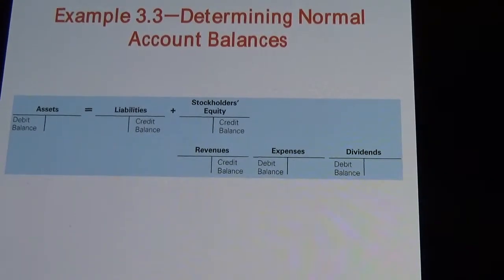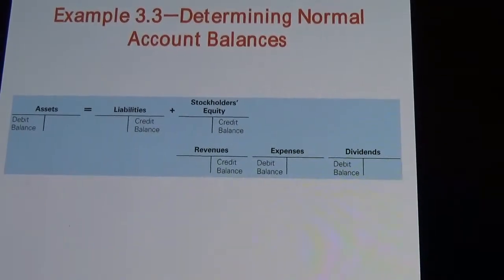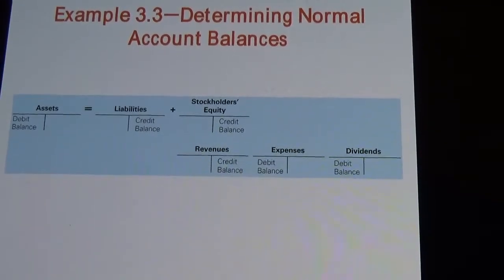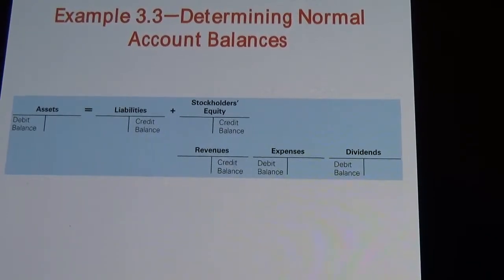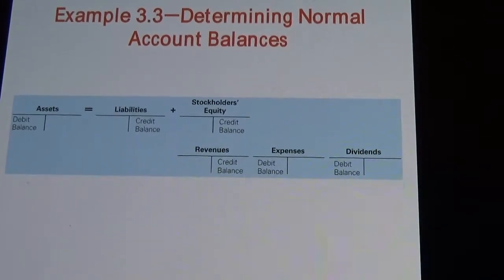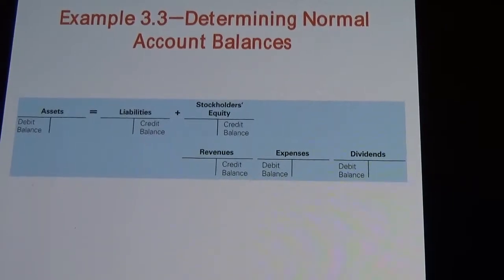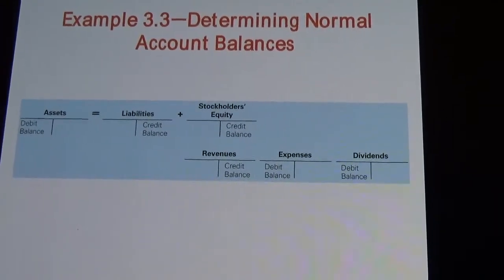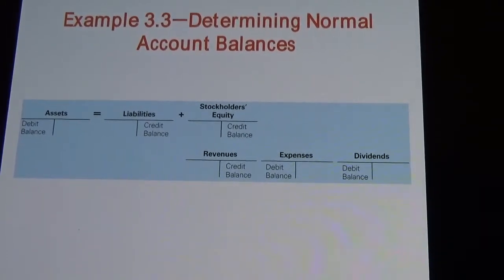Now, if working this out in your mind is too difficult at this point in time, you can also just memorize that the debit accounts are the expenses, assets, and dividends. I often tell students, remember the word dead because you wish accounting were dead. And so that helps you to remember that the debit accounts are expenses, assets, and dividends.